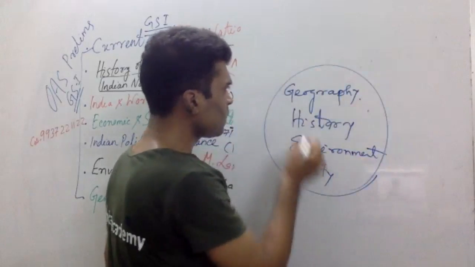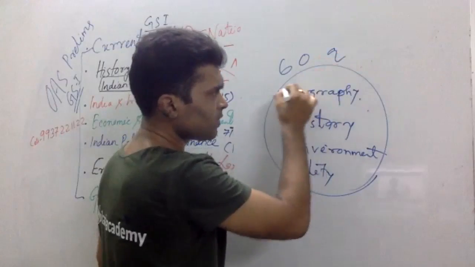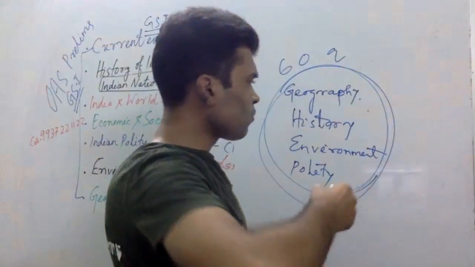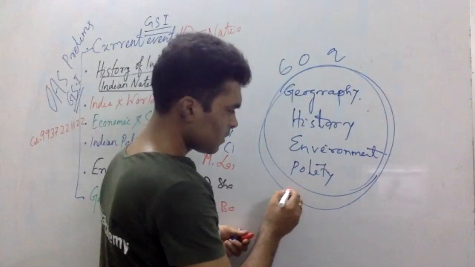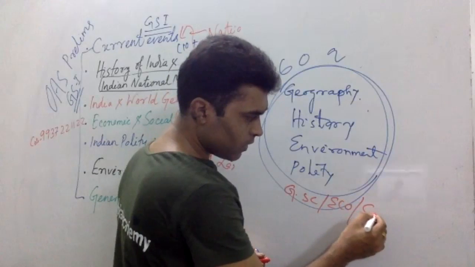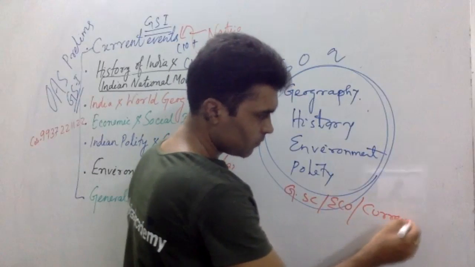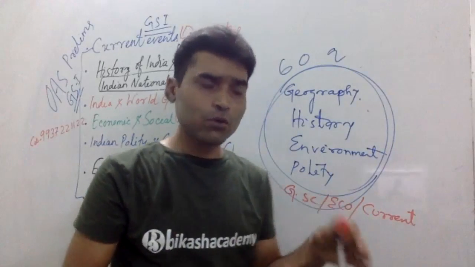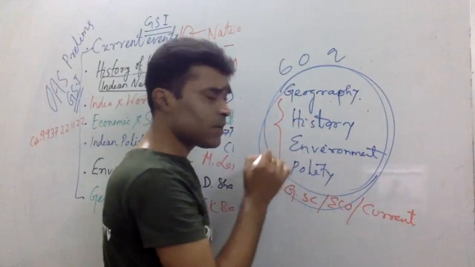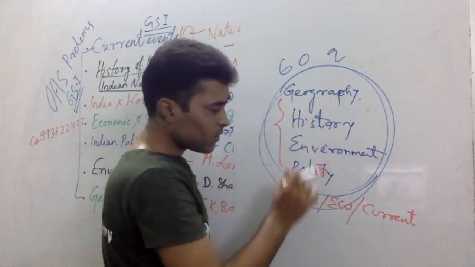Around 60 questions are coming from these 4 sections. After that, you should focus on general science, economics, and current affairs. I do not say that you should neglect this part, but the static portion is very, very important to start with, right? So focus more on this.